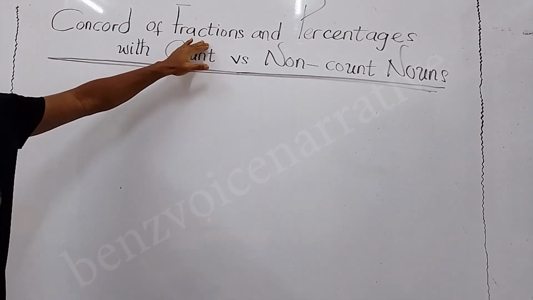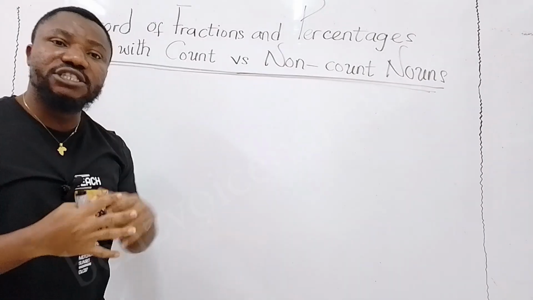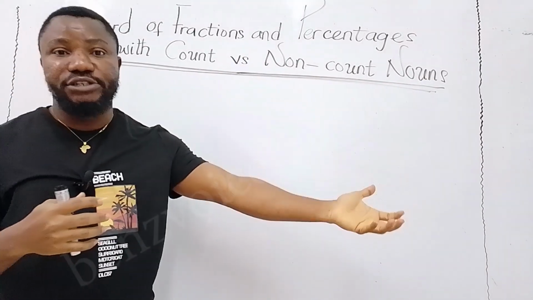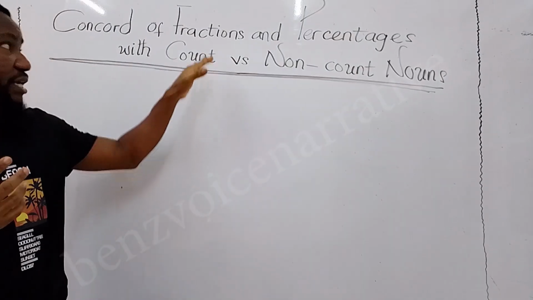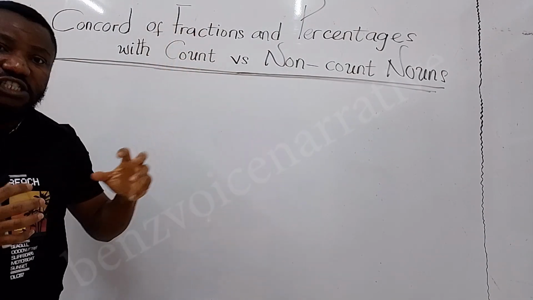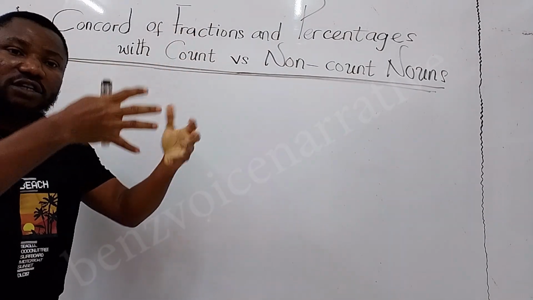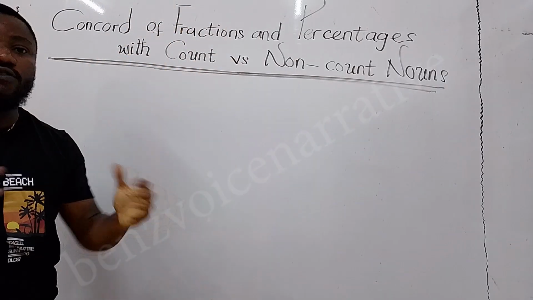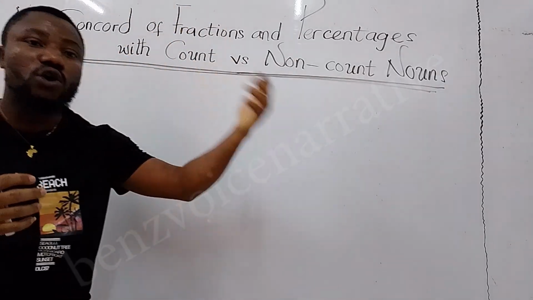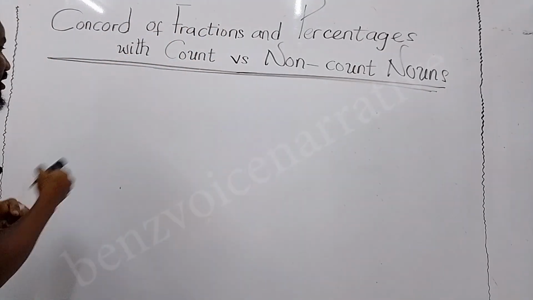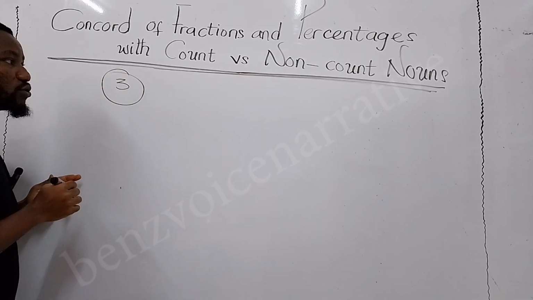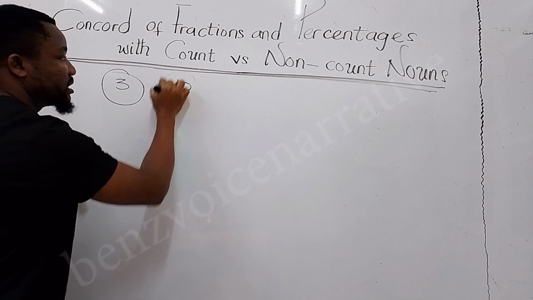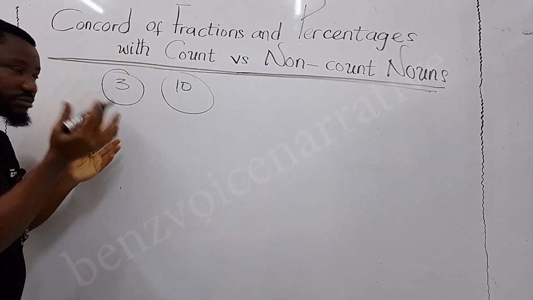So, what are fractions? Fractions are parts of whole numbers. In singularity, a fraction is just a part of a bigger number, of a bigger item, a part of a whole number. An example is that 3 is a whole number. 10 is a whole number, a big number.